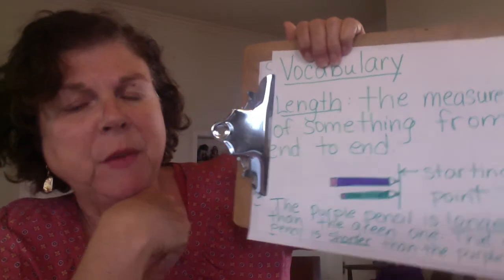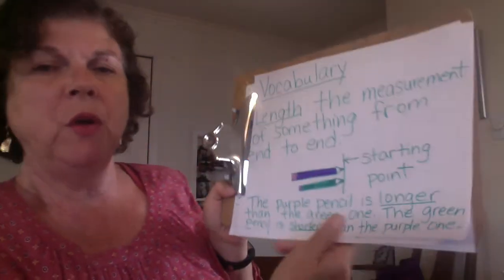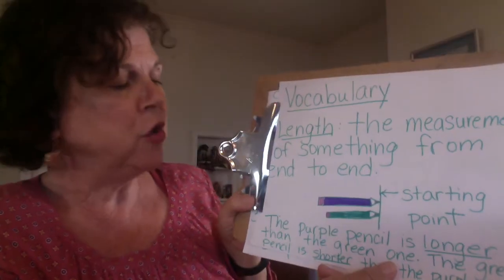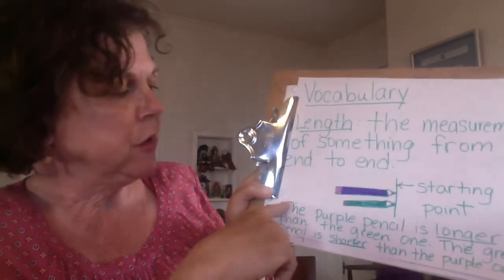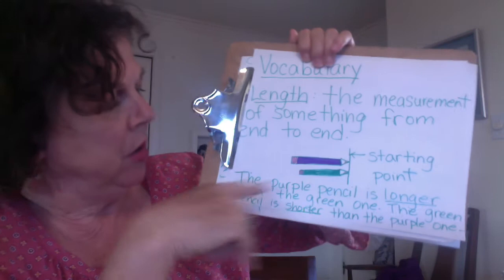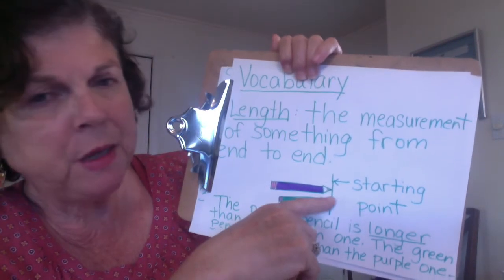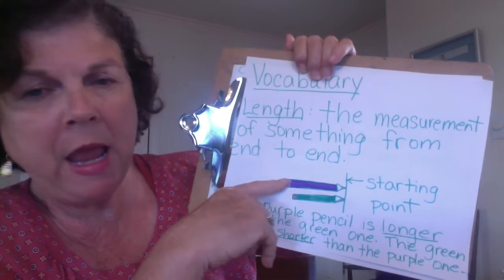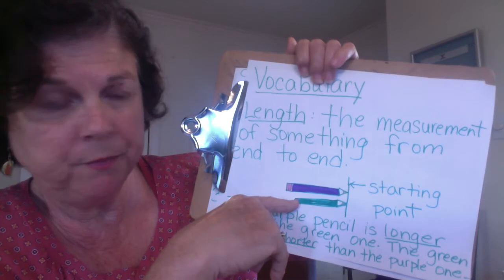In looking at the picture, we use some other special words, and those are longer and shorter. It says the purple pencil is longer than the green one. They're lined up here, but the purple one hangs beyond the green one.